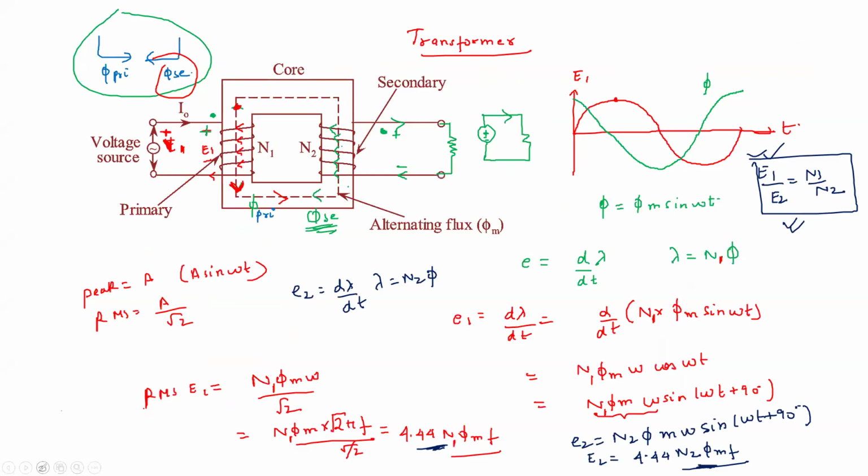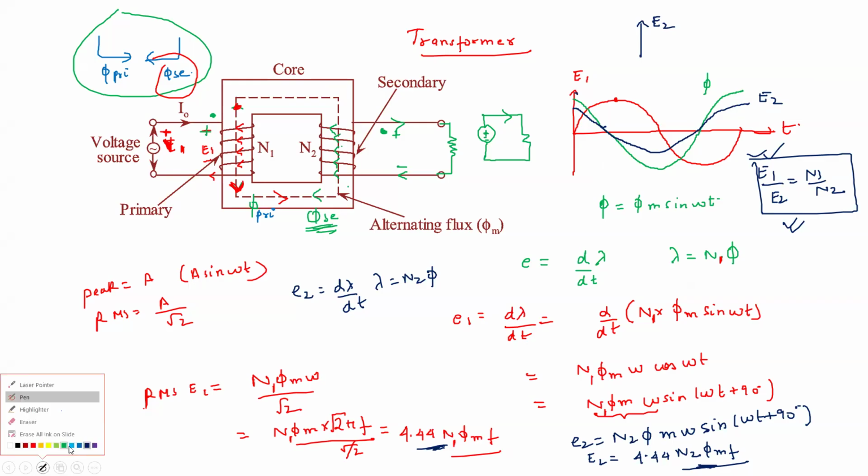If I draw E2 on top of this, E2 is also like this. If N2 is less than N1, the E2 peak magnitude will be less. So this is E2. If I draw the phasor diagram for this, this is E1, E2.